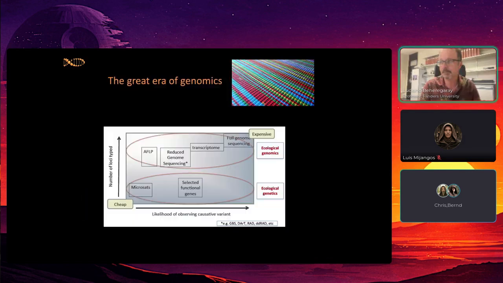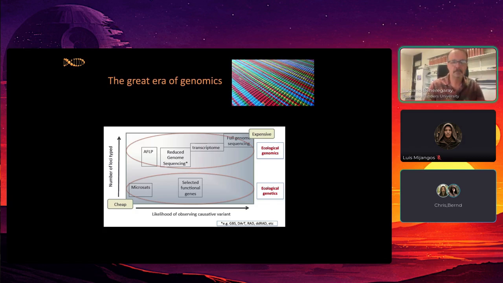So, as I said before, you guys are in a position to do this type of work because we are living in the great era of genomics. And this plot, although quite old these days, I think explains exactly what I mean in terms of our ability to characterize a variation, which is along the x-axis here, that might be causing a particular variation in a particular trait or phenotype under selection.